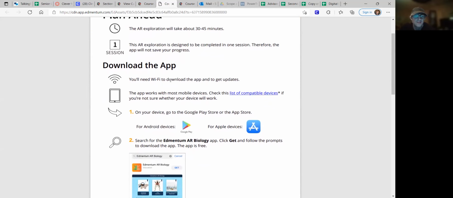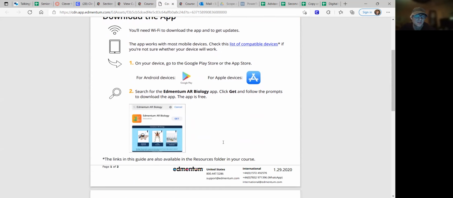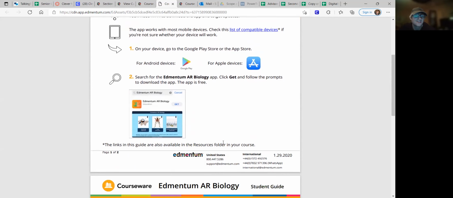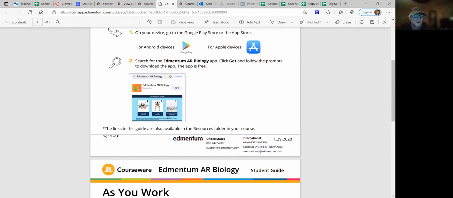If you have Android, it's on Google Play. If you have an Apple device, some type of iPhone, the App Store looks like this. And the app is called Edmentum AR Biology. It looks like this.